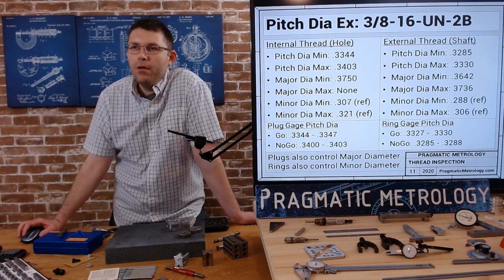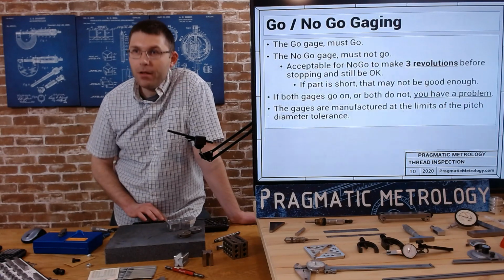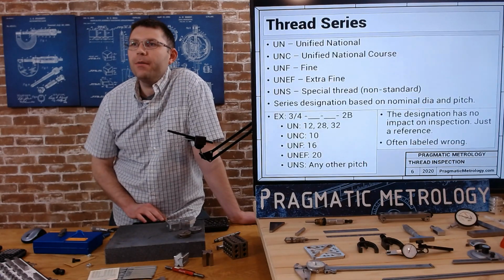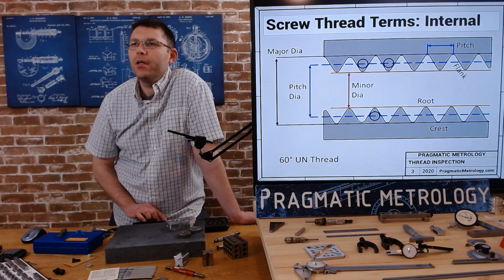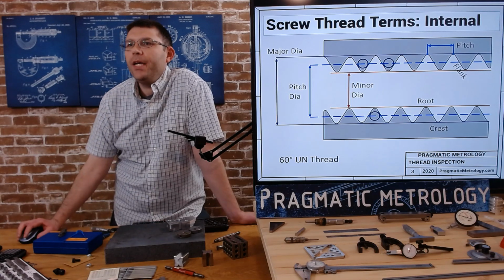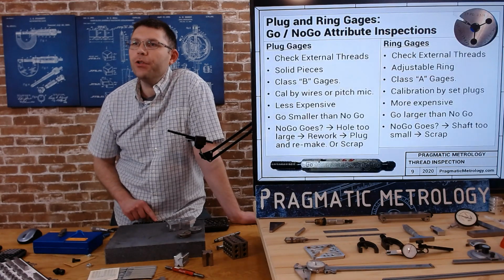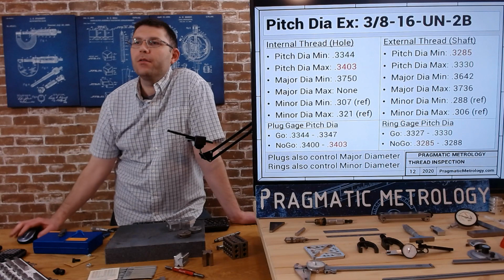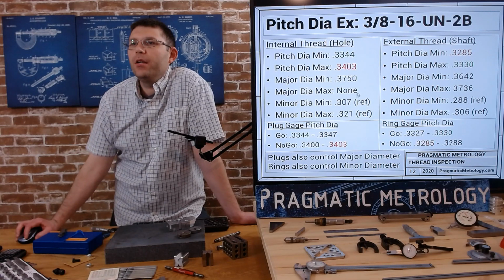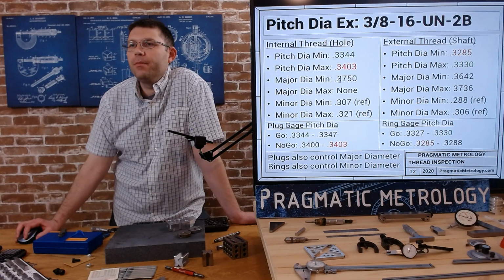So with an internal thread, look at our diagram. The major of an internal thread is meaningless, but the minor means something. So when we look at our tolerance, that's why there's no maximum, but there is a minimum.